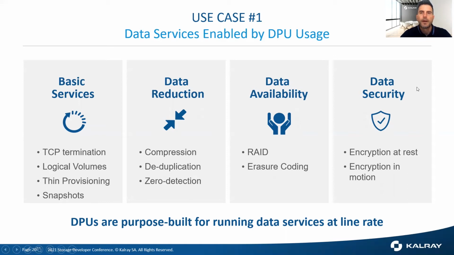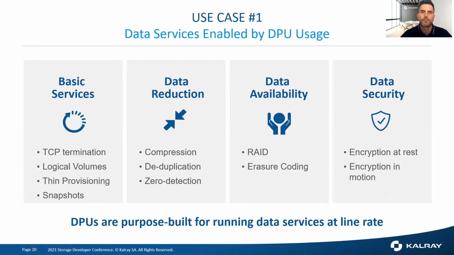So here, the DPU is able to cope with all those data processing services at line rate much better than the x86 because it features some dedicated hardware accelerators like compression acceleration, erasure coding acceleration, or crypto acceleration.